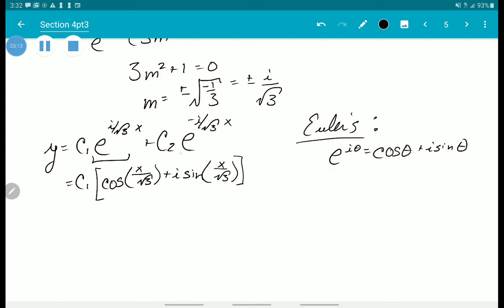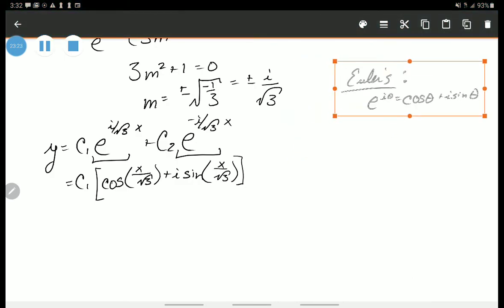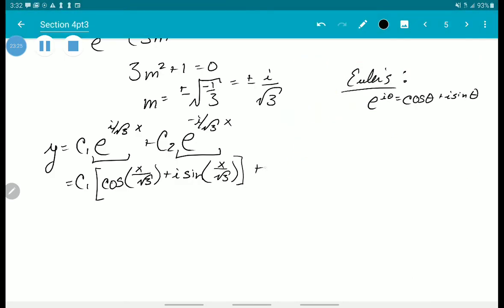And then if we replace e to the negative i over square root of 3 x, we're going to have cosine of negative x over square root of 3 plus i sine of negative x over square root of 3.